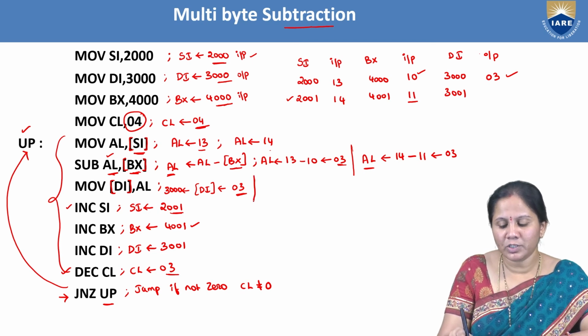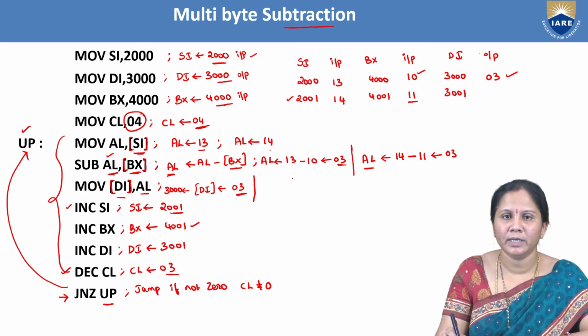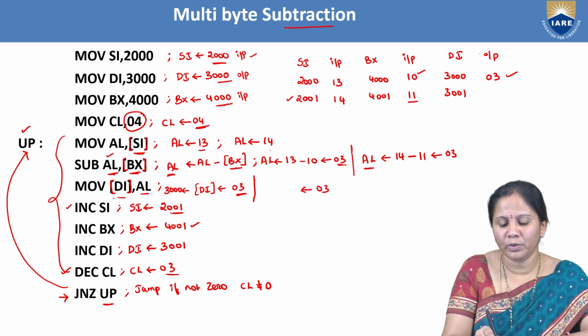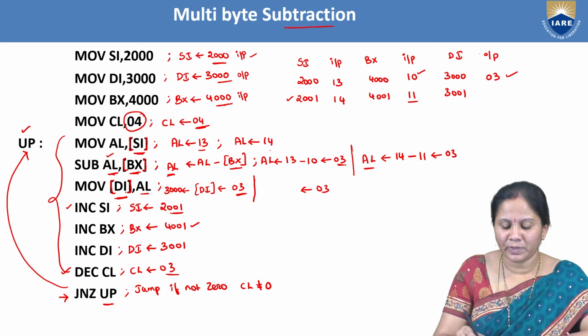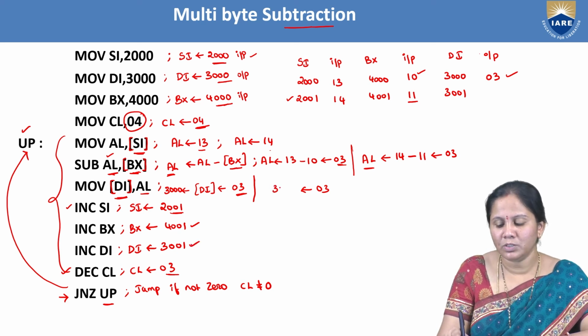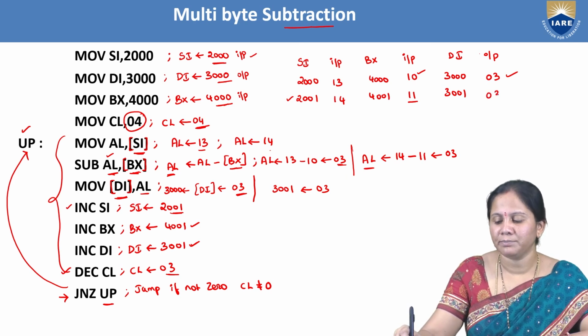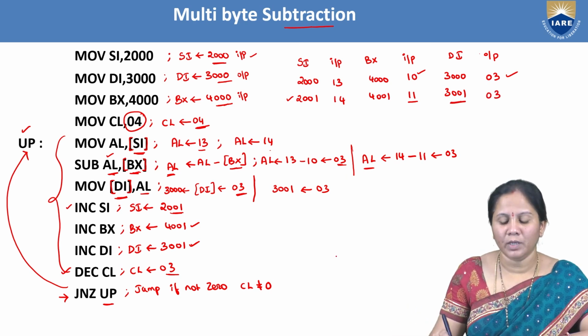And the next instruction is MOV [DI], AL. So the value 03 which is present in the AL register will be moved into DI. Presently the DI value is 3001, so this 03 will be moved into the 3001 location. Okay.